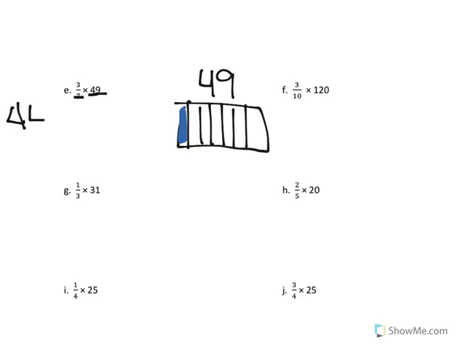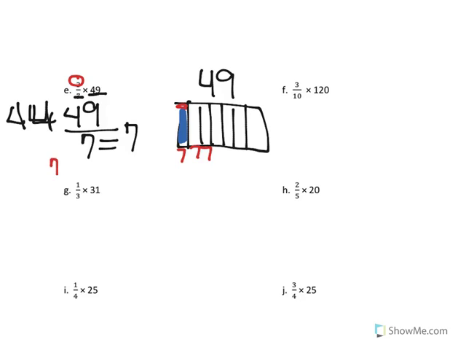Sorry about that. There we go. I would take my 49 and divide it by 7, which gives me 7. And my numerator tells me that I have 3 of the 7s. So I have 1, 2, 3 of them.